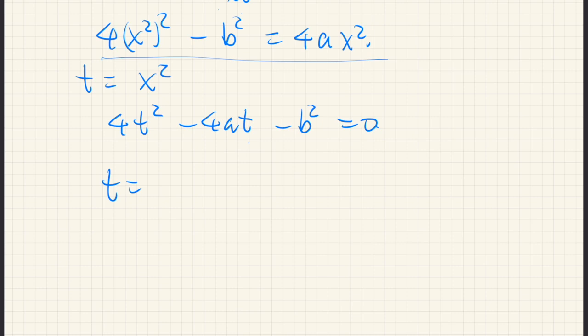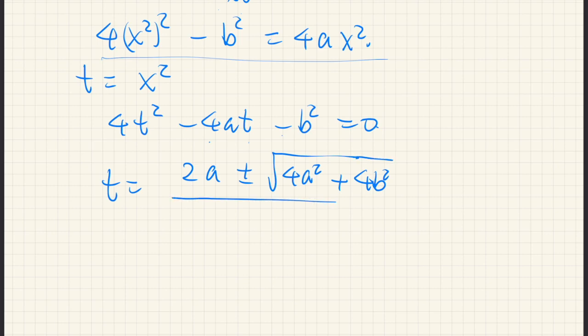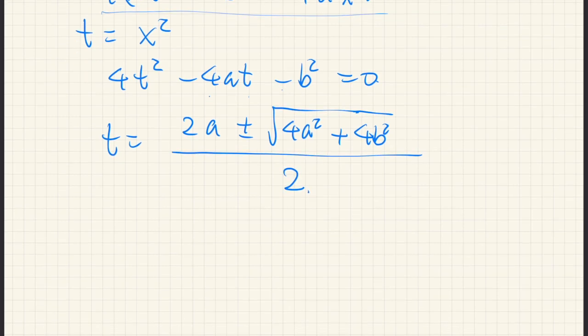That becomes 4a plus minus the square root of 16a squared plus, because of this minus sign, 16b squared, over 8. And note that inside this square root, it's non-negative. So there's no problem with this.